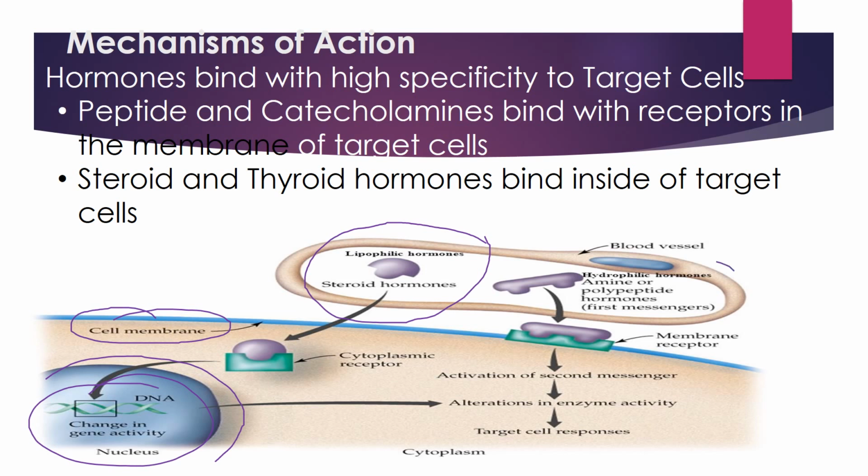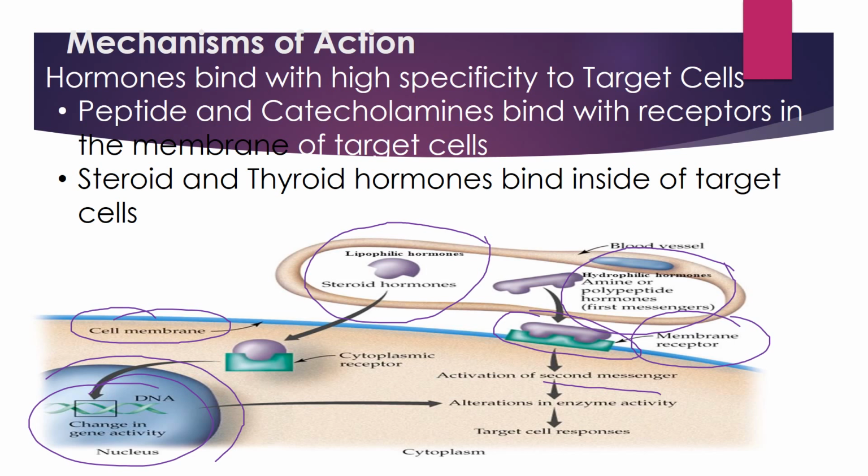Hydrophilic hormones, which we have here, include, again, protein hormones and a lot of our catecholamines. So these hormones, again, cannot cross the plasma membrane, so they have to bind to receptors that are found within and on that cell membrane, so what we see here. And so these will activate an intracellular pathway, which is called a second messenger system.